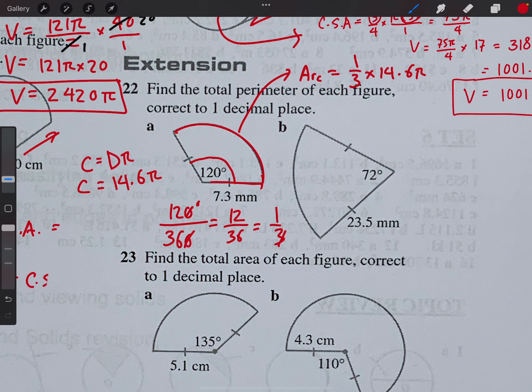So let me just do 14.6 divided by 3. Oh, that's not a very nice number. I'll just get the answer. So 14.6 times pi divided by 3, the arc is gonna be 14.66, to two decimal places. So that's that one there.